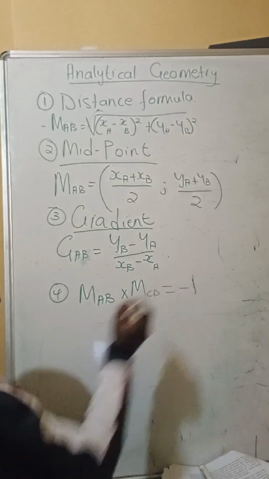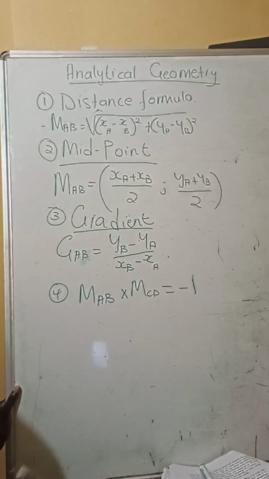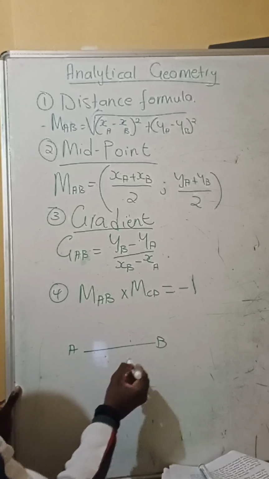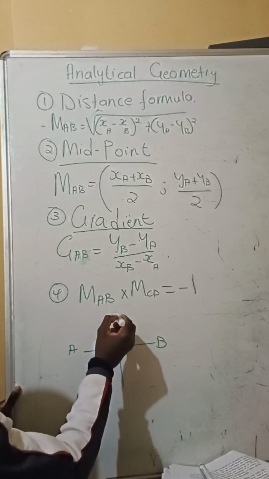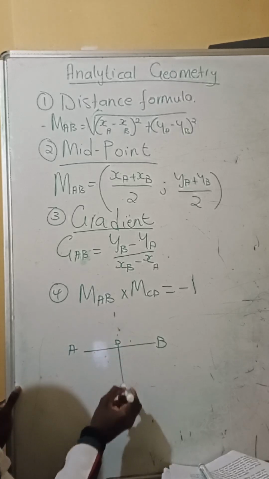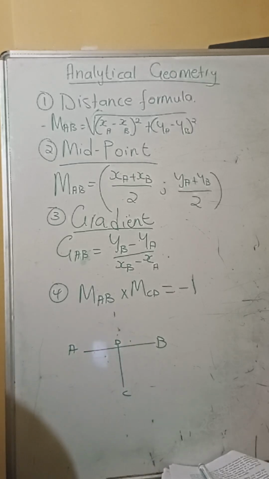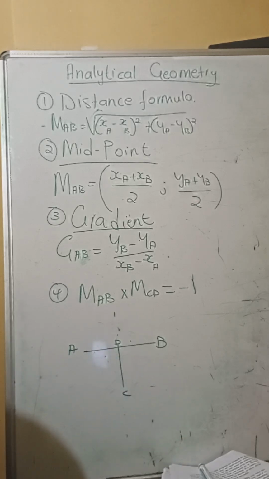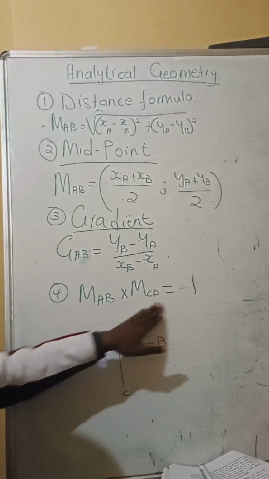For example, if they give you line AB and line DC, and they say you must prove that line AB is perpendicular to line DC, you use this formula.